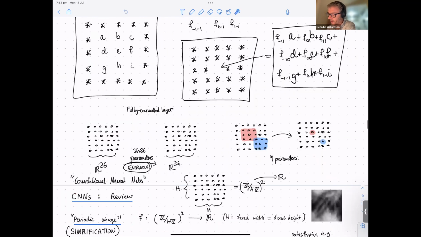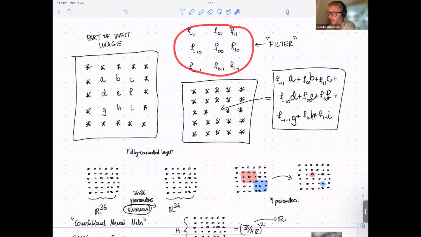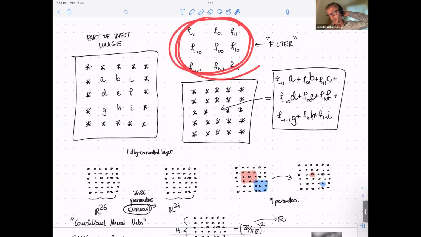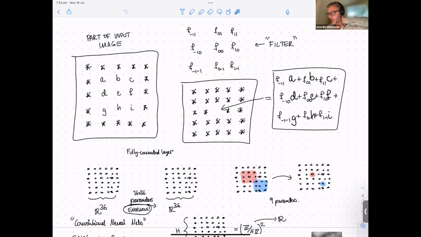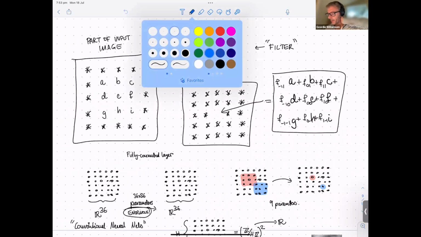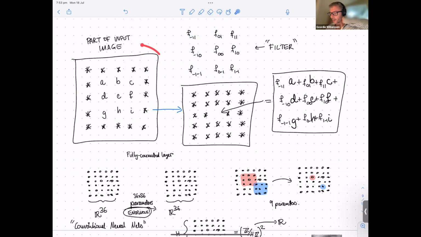So it just requires these 9 parameters, and we do the same thing across the whole image. These numbers determine this map across the whole image. So there are 9 parameters that determine this map.